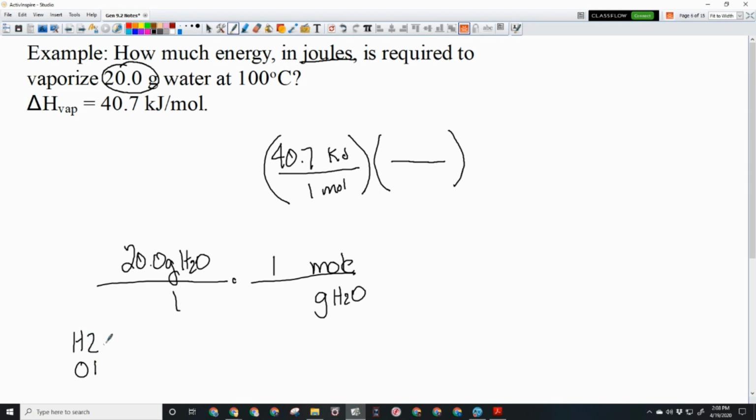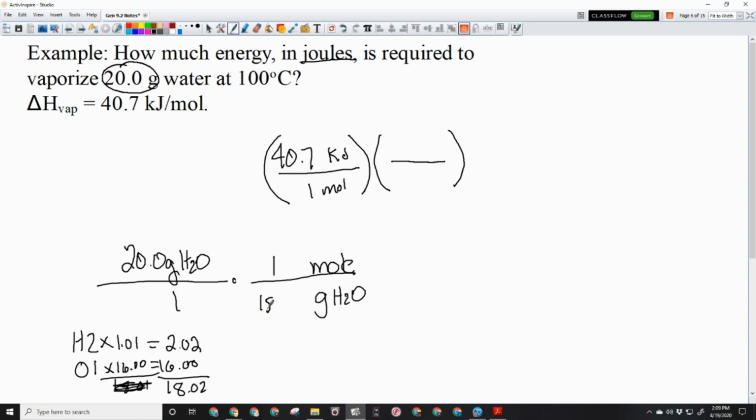So there's 2 hydrogens and 1 oxygen. Each hydrogen is 1.01. Each oxygen is 16.00. So that's 18.01. 2, sorry. Because 2 times 1.01 is 2.02. And this is 16 times 1 is 16. So it's 18.02.